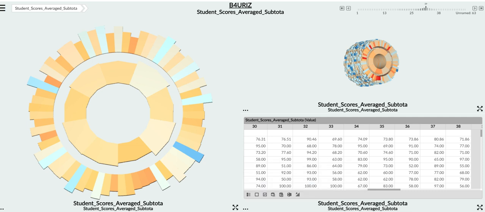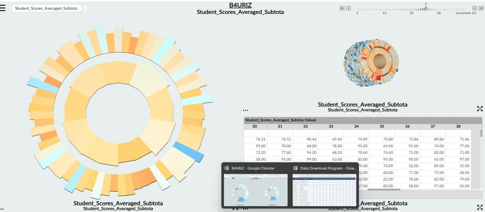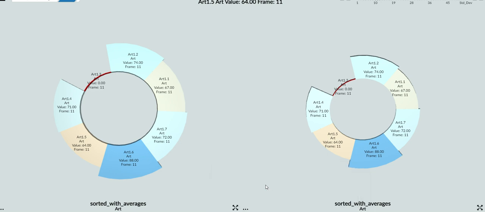And now within this section here, we are looking at the same data. As you can see, we're looking at art. In this particular case, we drill down to that level, and we are looking at two frames.